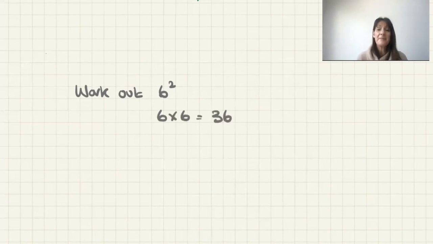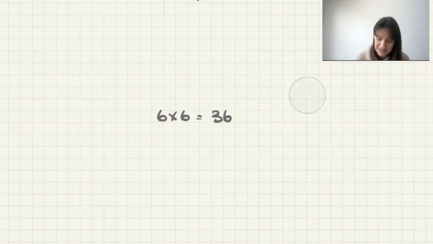It's amazing how many people will do 6 times 2. All right, so hopefully that is not you. If it is, then that is your target. Just remember, if anybody wants you to do 6 times 2, they write 6 times 2. They don't go, oh, I'll try and hide it. That means something completely different.